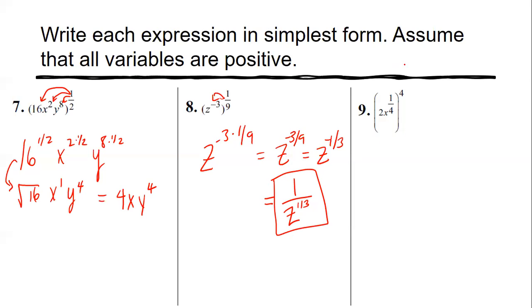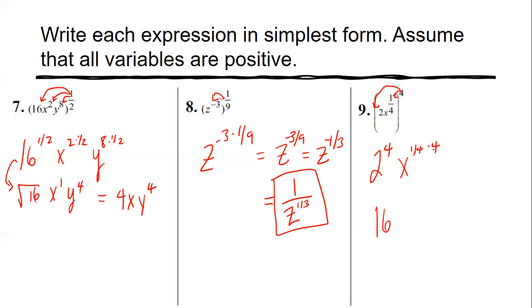All right. 9, we have 2x to the 1/4, to the 4th power. Distribute, distribute. That gives us 2 to the 4 times x to the 1/4 times 4. What is 2 to the 4th power? 2 times 2 times 2 times 2 is 16.